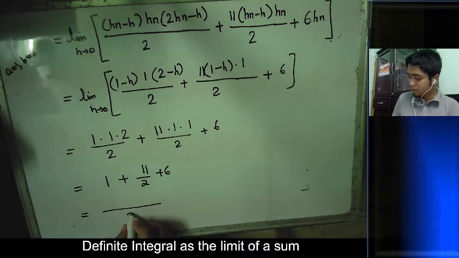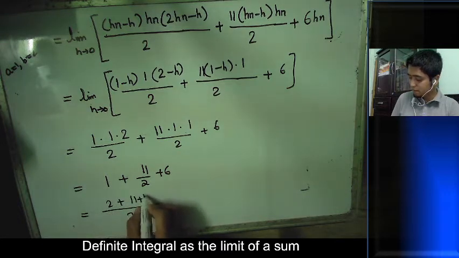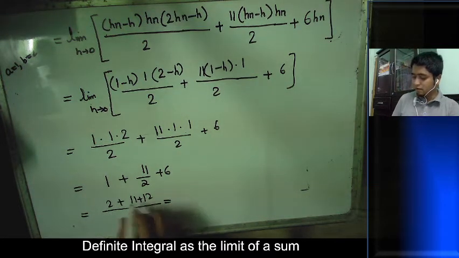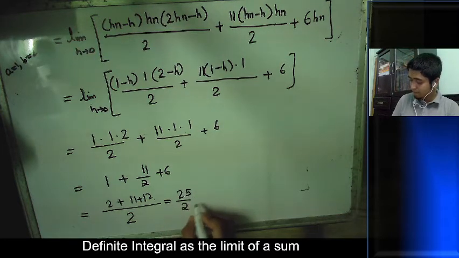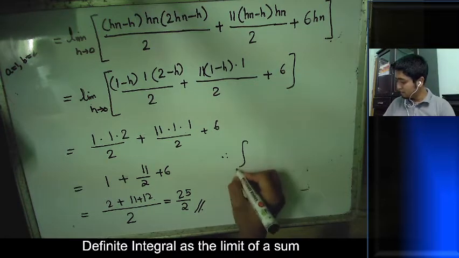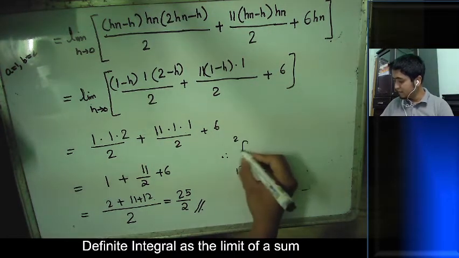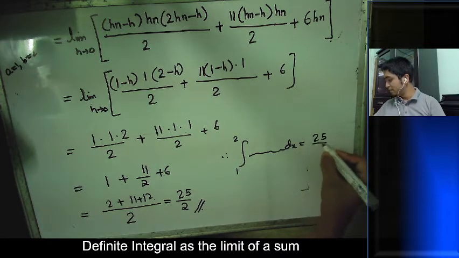So finally you will be getting 2 plus 11 plus 12, which is 25 by 2. This one will be the final answer. That is, the integral from 1 to 2 of that expression dx is equal to 25 by 2.